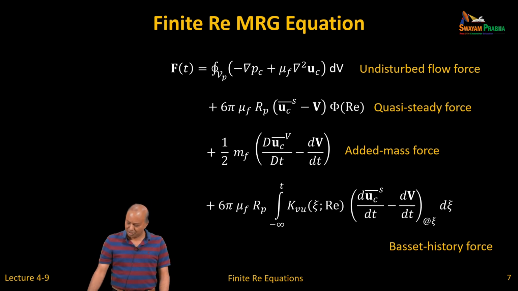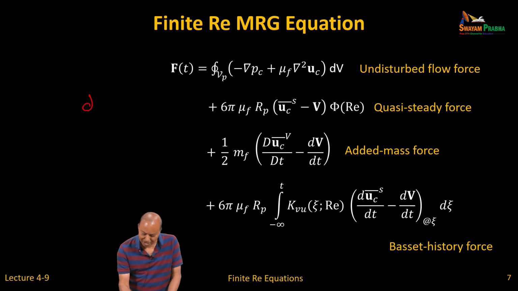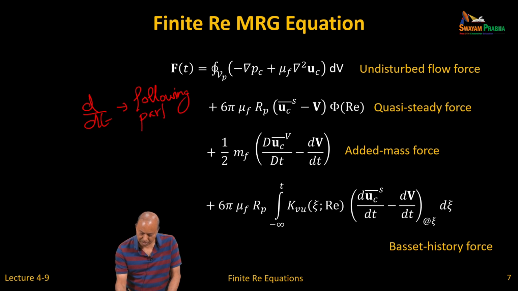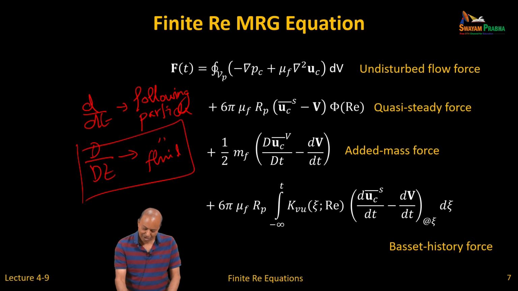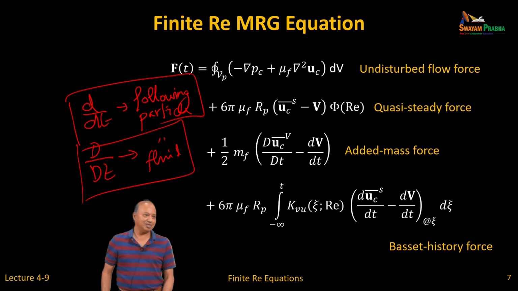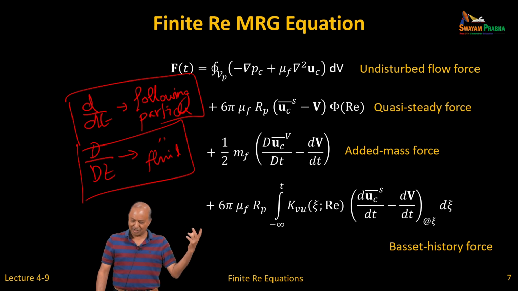Little d by dt is time rate of change following the particle. Big D by Dt, the total derivative, is following the fluid. It's a good observation, and there is no simple explanation. This is how the theory plays out; you have to look at the derivation. So it matters in the added mass force, but not so much in the Bassett history force.